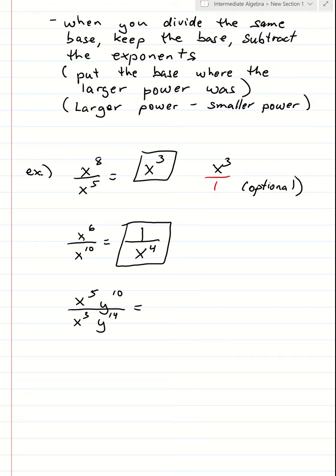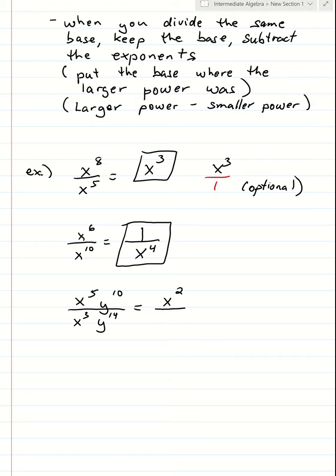I'm going to simplify those bases that are the same. I usually work with them alphabetically, so let's start with the variable x. We need to determine where x is going to go. Since the exponent 5 is larger than 3, x will remain up top. And when we subtract 5 minus 3, we get x squared in the numerator.